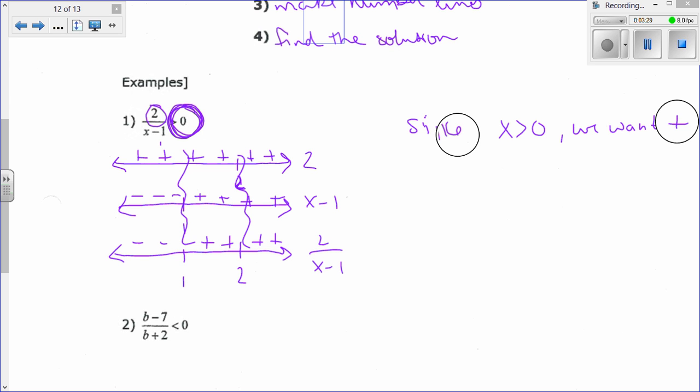Okay, and as I'm looking at my bottom number line, my plus signs start at 1 and continue to go. In this case, I have greater than. Since it's a greater than symbol, it's an open circle, and everything that is positive is to the right.